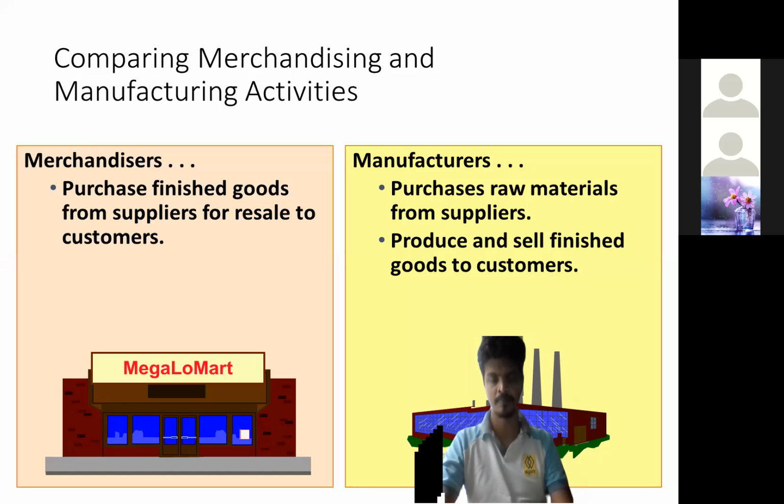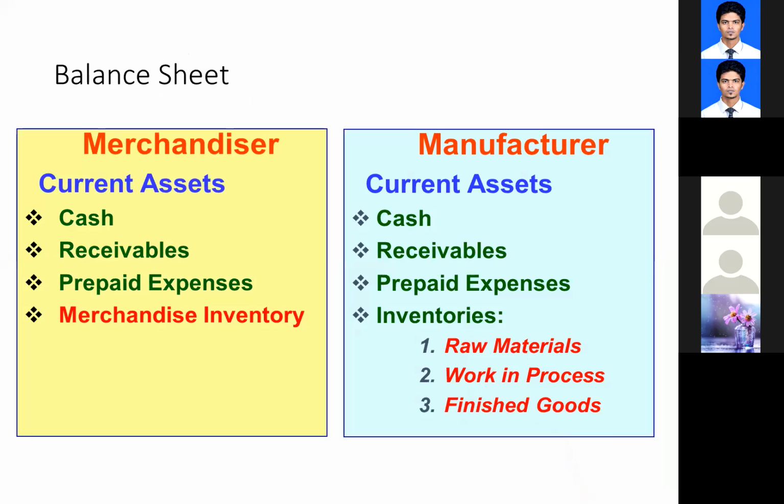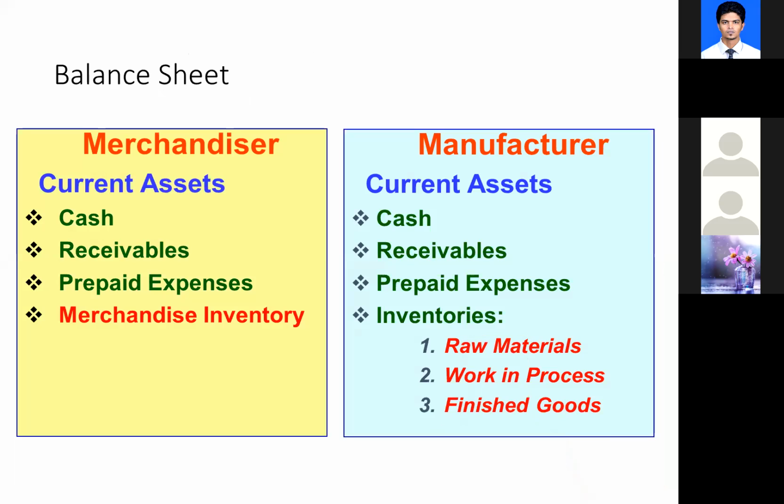Okay. Here you can see, when it's a merchandiser, they are having cash, receivables, prepaid expenses, and merchandise inventory. Merchandise inventory in the sense finished goods only. But when it's a manufacturer, under current assets they may have cash, receivables, prepaid expenses. Other than that, inventories.